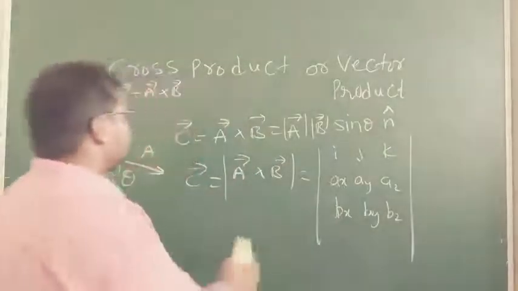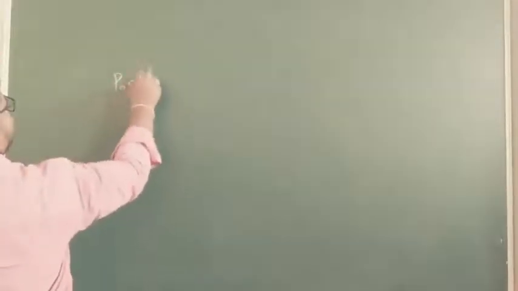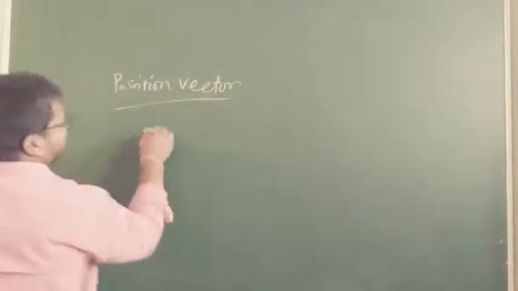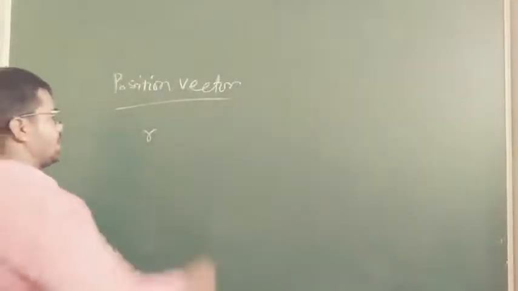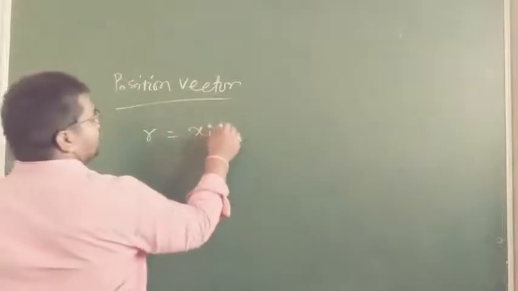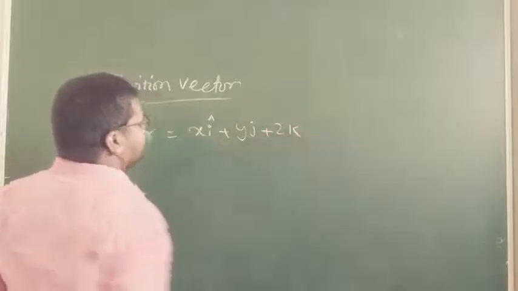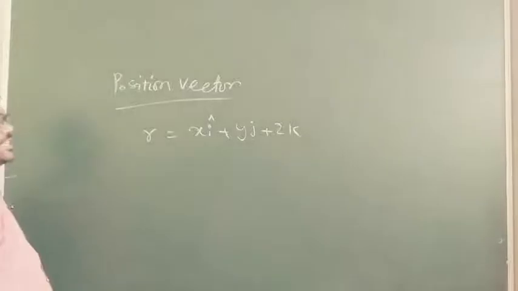The position vector is denoted r, for changing from one point to another point. It is always xi plus yj plus zk.